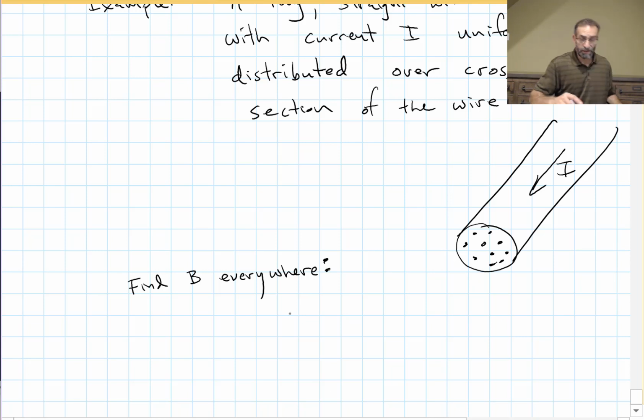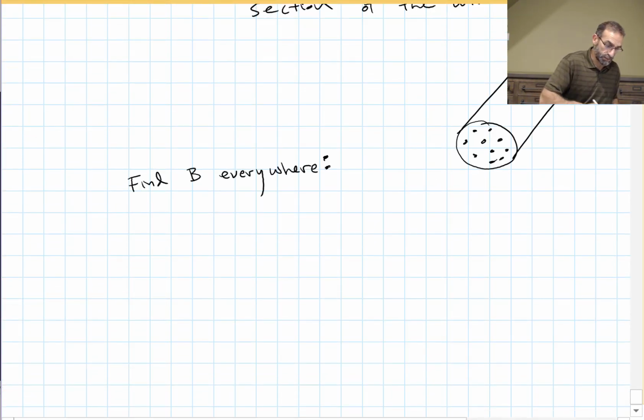We want to find B everywhere. Find the magnetic field everywhere. Should we do the easy one first? Yes, always start with the easy one.